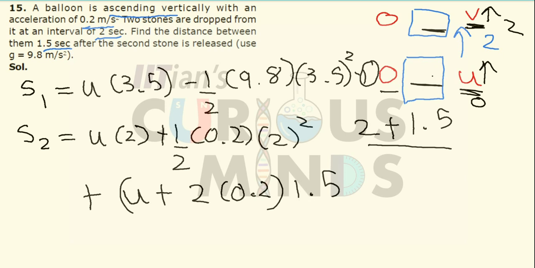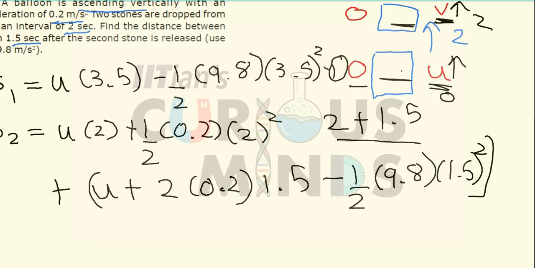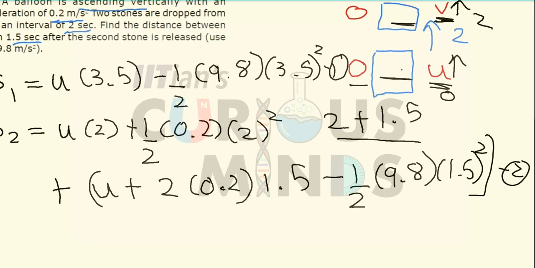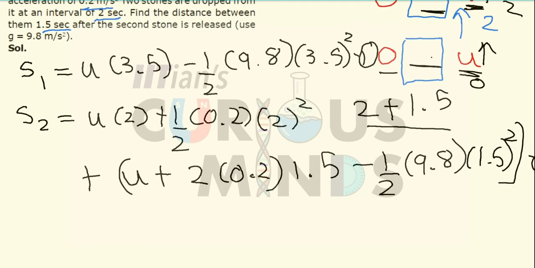Now it is traveling for 1.5 seconds, minus half g t square, that is 9.8 into 1.5 the whole square. Let this be the second equation. We have to find out the difference between them.